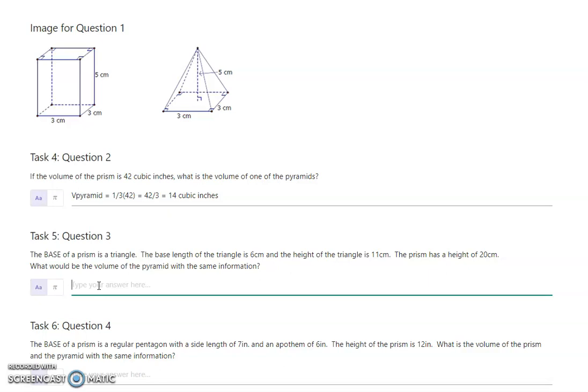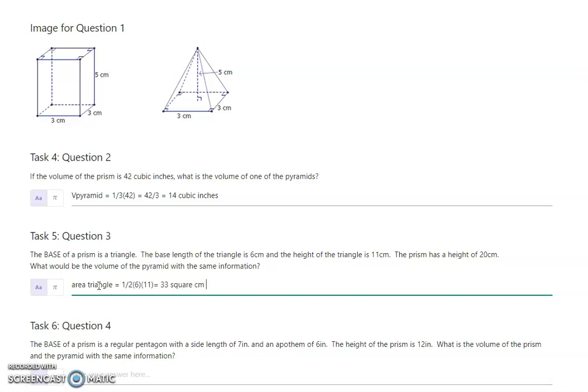So the area of the triangle is equal to 1/2 times the base, which is 6, times the height of the triangle, which is 11.